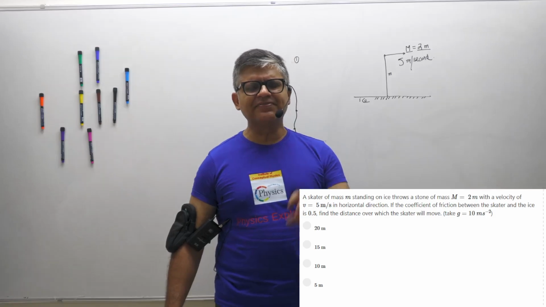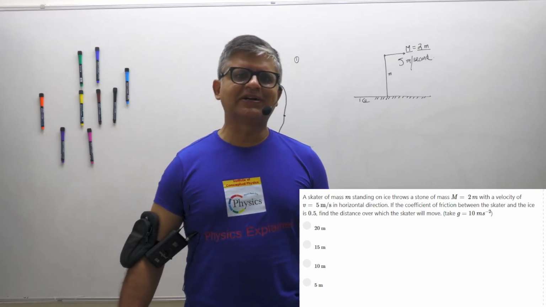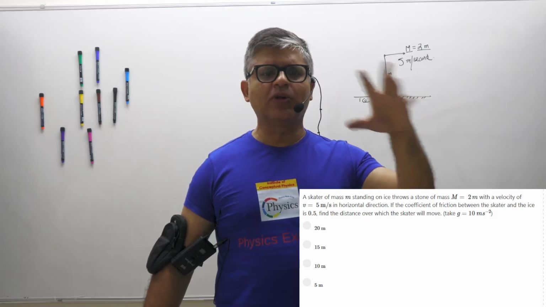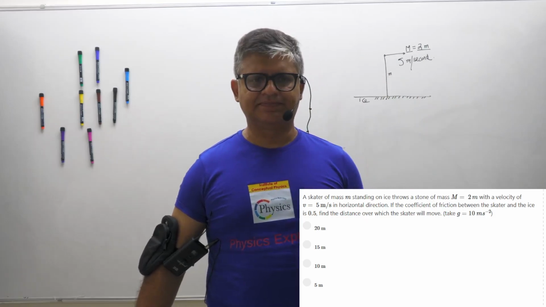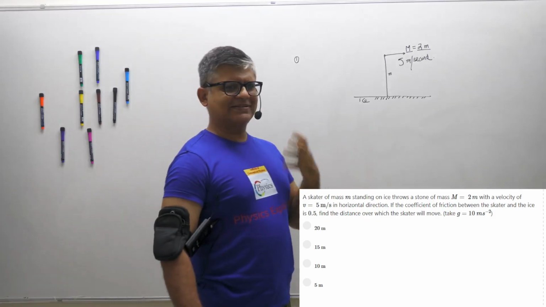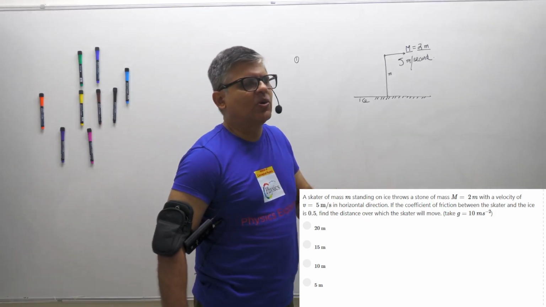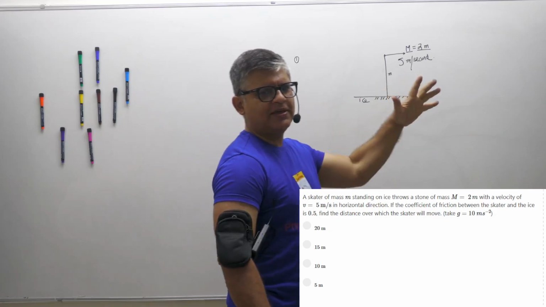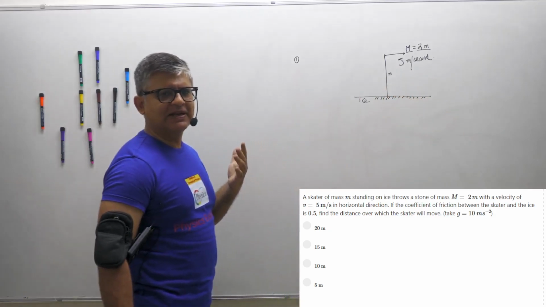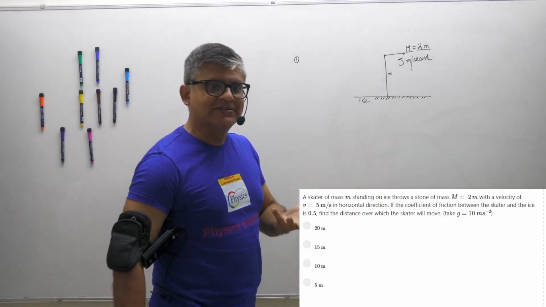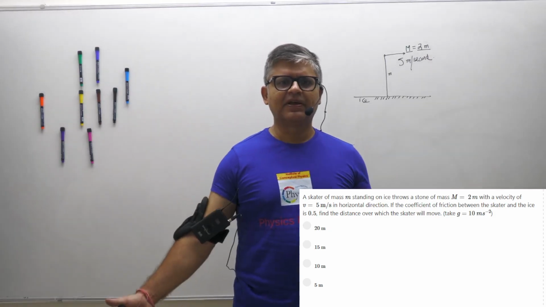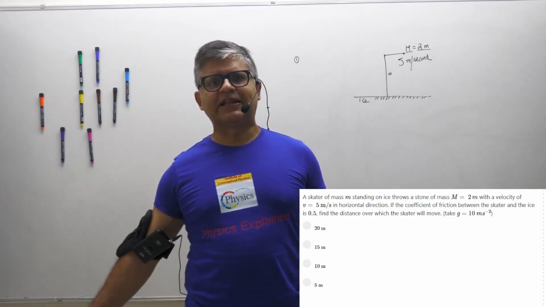Now, let's think in terms of Newton's third law. Every action has an equal and opposite reaction. This is probably close to what is happening: I'm throwing and I'm getting pushed back. But there is no external force. That's a conundrum, a dilemma we have.